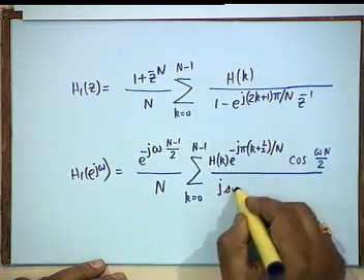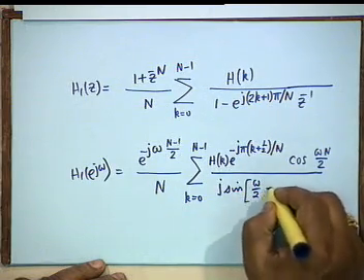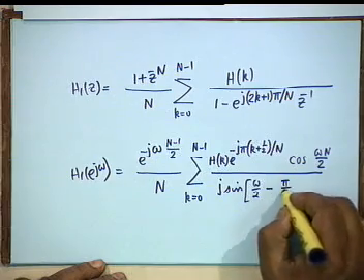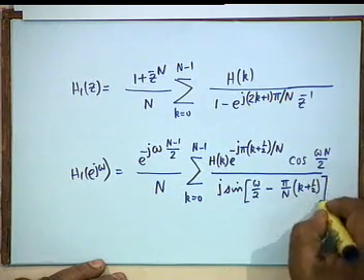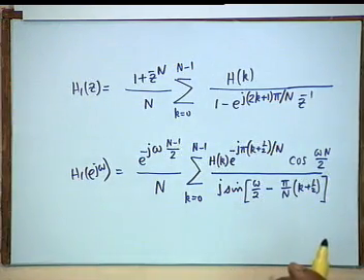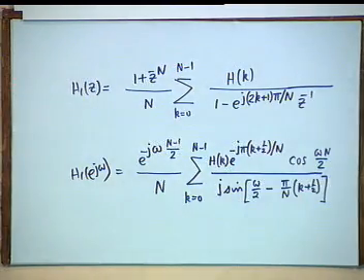So, j sine of omega by 2 minus pi by N k plus half. Okay. Keep this in a prominent place. Either this expression or the previous expression may have to be programmed for calculation.